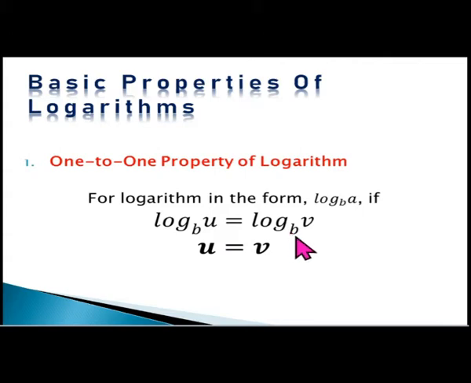They have the base b. So with this, we can say that the one-to-one property means that if you solve two logarithmic expressions having the same or equal base, therefore, their values represented by u and v are also equal.